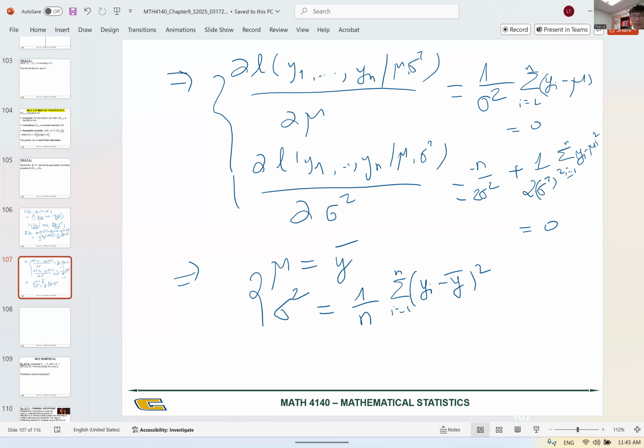So in other words, mu MLE is y bar and sigma square MLE is the average of yi subtract y bar squared.